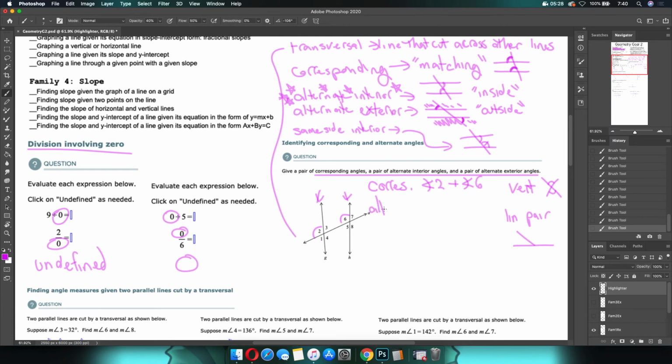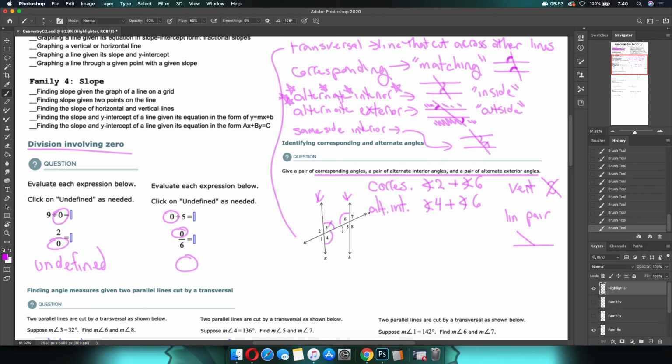Then what do you want? You want alternate interior. Alternate interior, we want them inside. So let's look at that one. We're going to say angle 4, and I'm going to wander across. There we go, angle 6. It's worth mentioning that there are 2 sets of alternate interior angles, because we don't just have 4 and 6.